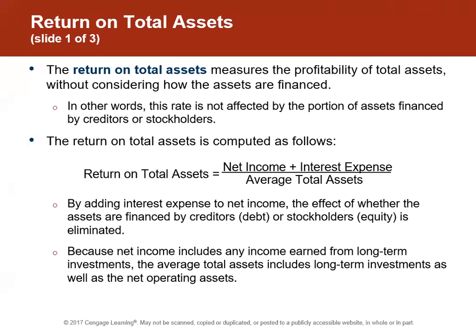So net income plus interest expense, divided by average total assets. On this one, average total assets does include the long-term investments, because we don't care how they're being financed. So for asset turnover, we exclude the long-term investments as assets. For return on total assets, we include them.